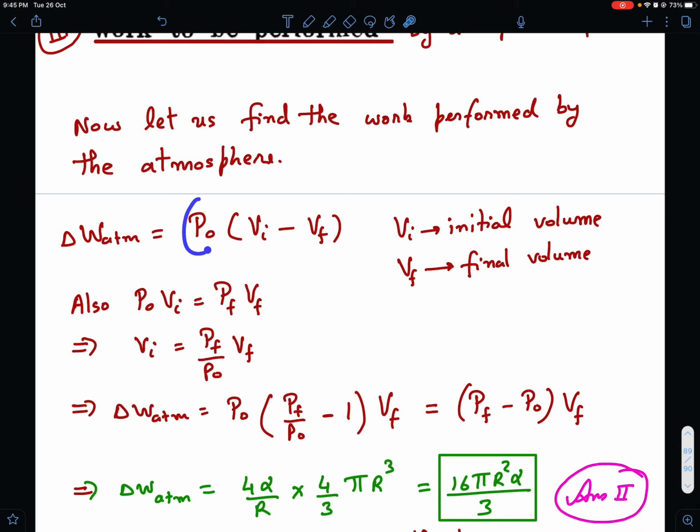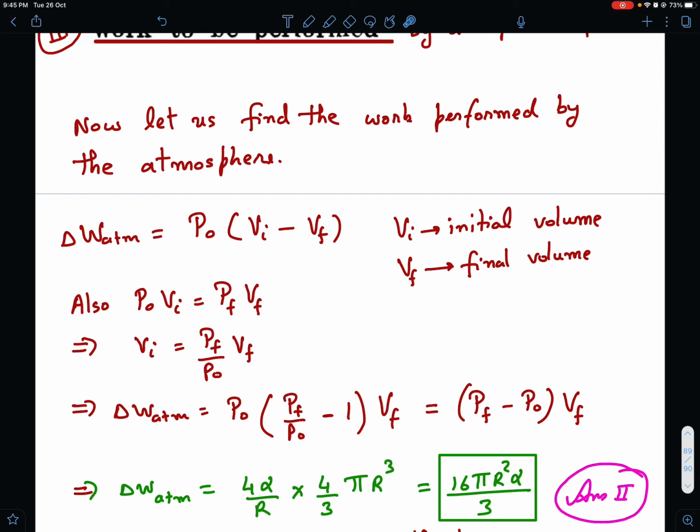Work done by the atmosphere should be simply, because atmospheric pressure is constant and it is compressing the air, so the atmosphere is doing positive work, that is simply V initial minus V final into P naught. Okay, see, simply P naught into delta V, and since it is compressing, V initial is greater than V final, so work done by the atmosphere is positive, right?